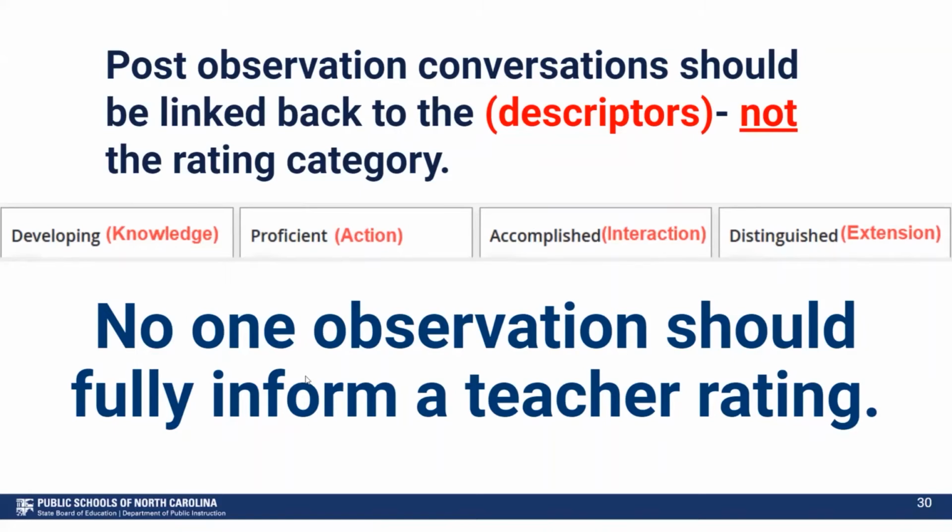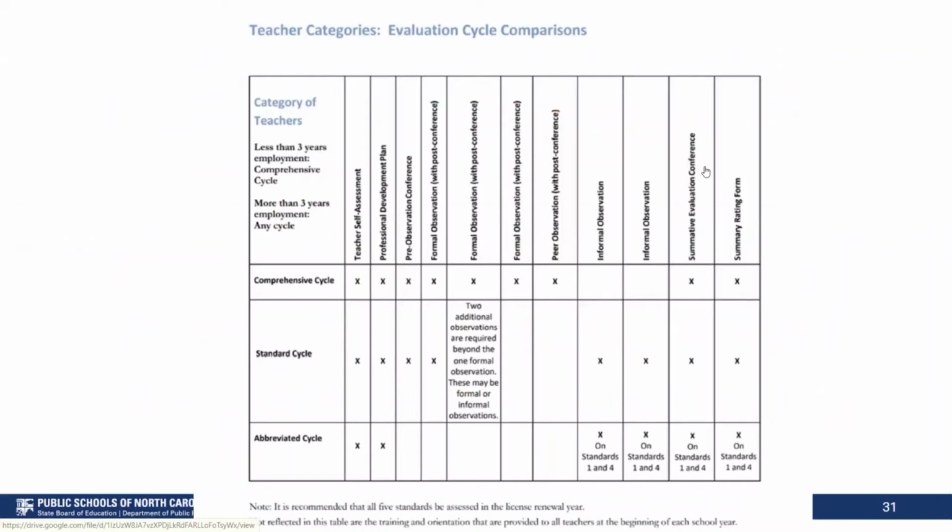There should not be only one observation to fully inform the teacher rating at the end of the year. So you're going to need to conduct all the required observations. This is just a guide for you to go by to show you what is required on the different teacher evaluation types.